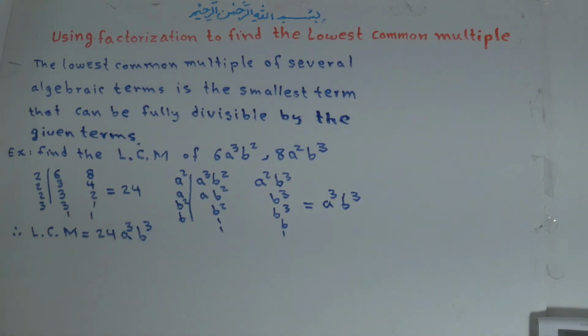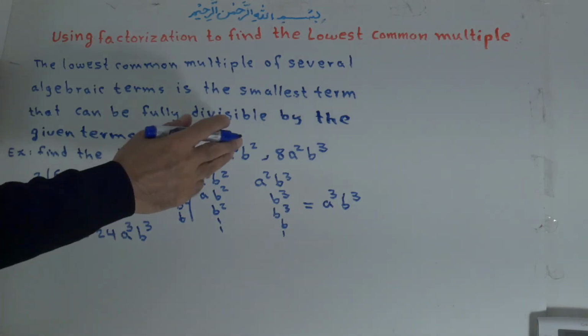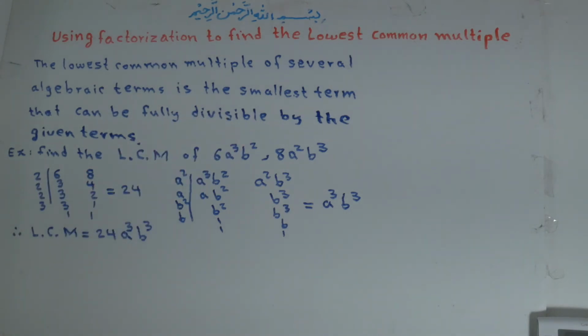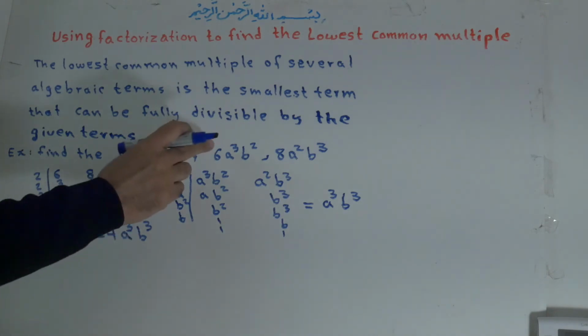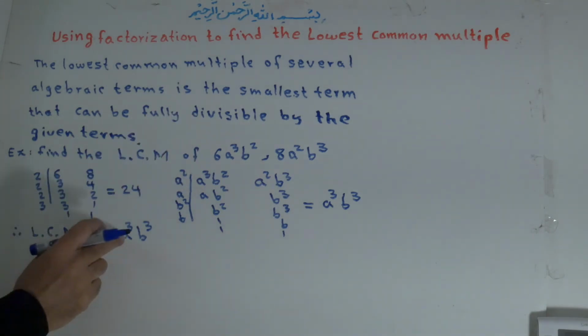The common multiple can be 6 times 4, 48, a to the power of 5, b to the power of 5, or 48 a to the power of 4, b to the power of 4. But the smallest one is this one, which we can divide by both of them.